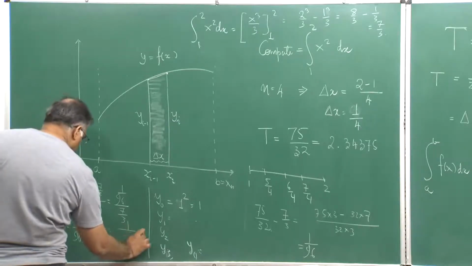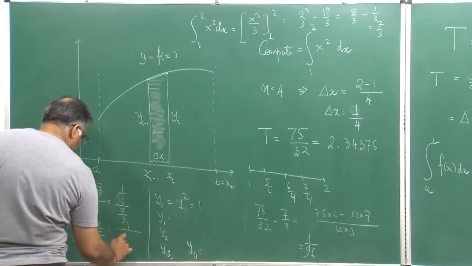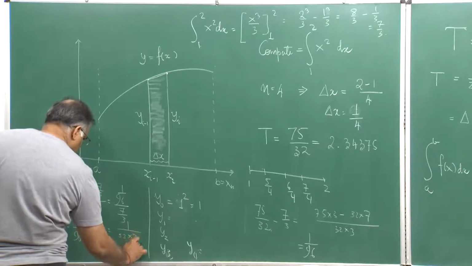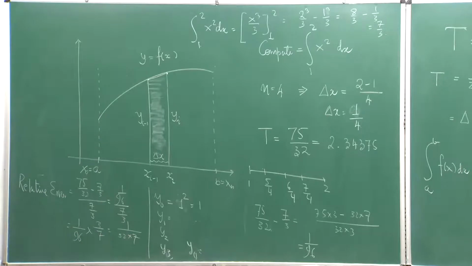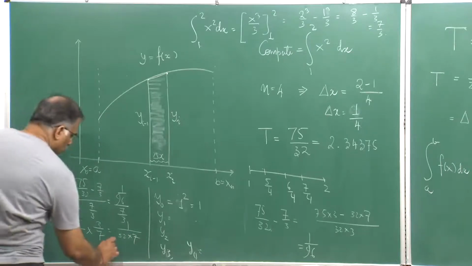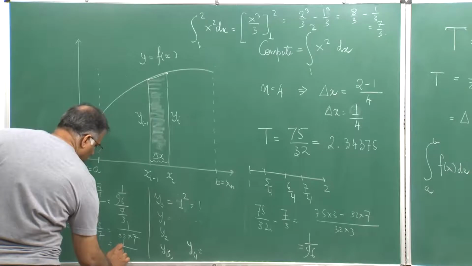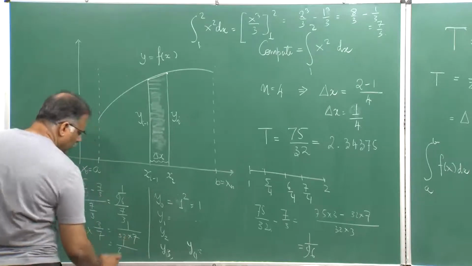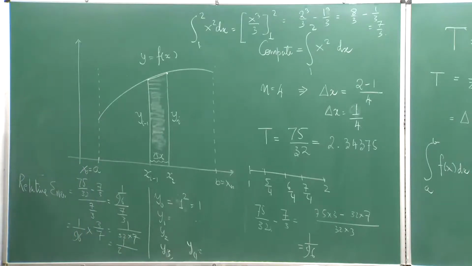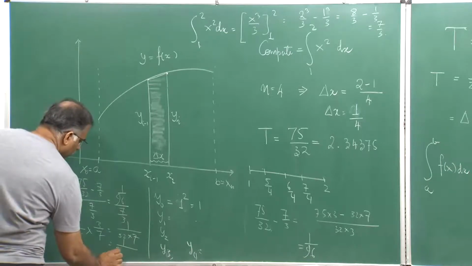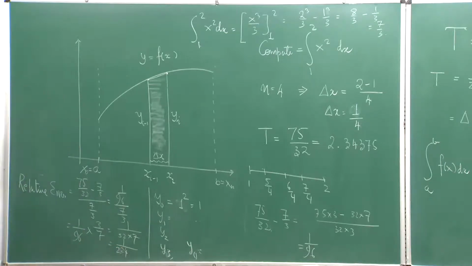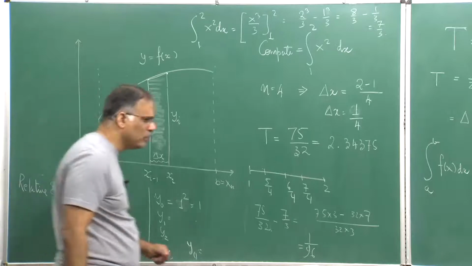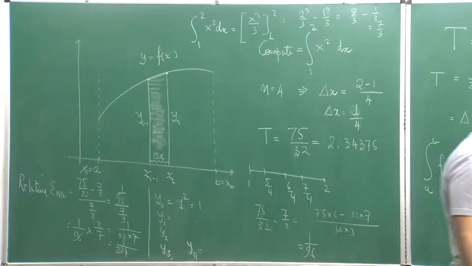So, 1 by 32 into 7, 1 upon 2 to 4. So, relative error is 1 upon 2 to 4, which is pretty small.